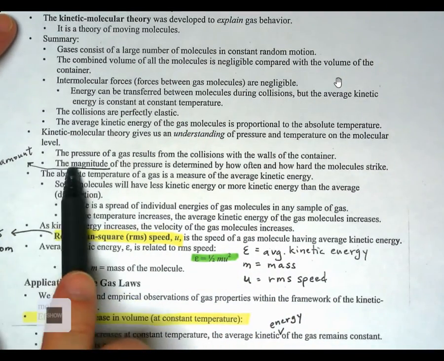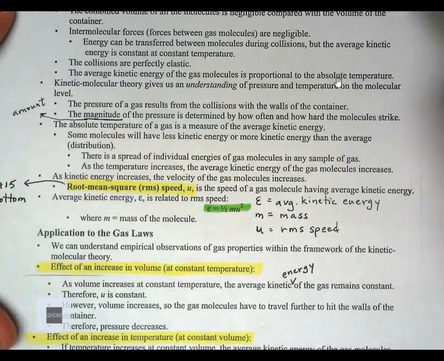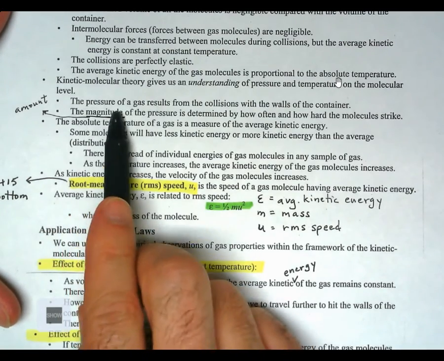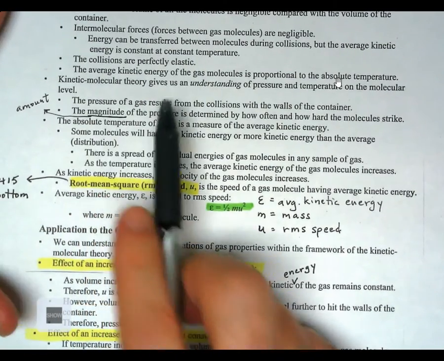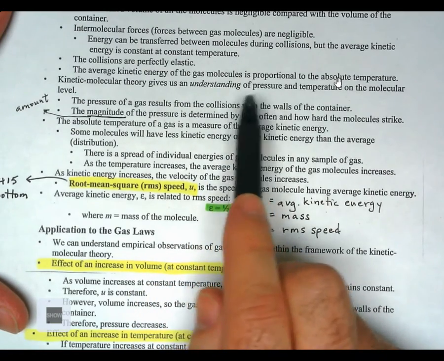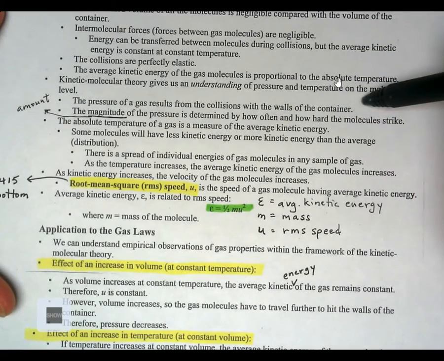Okay. All right. So now here's some stuff that might be new to you. Pressure. Where does gas pressure come from? It results from the collisions of the gas molecules with the walls of the container.